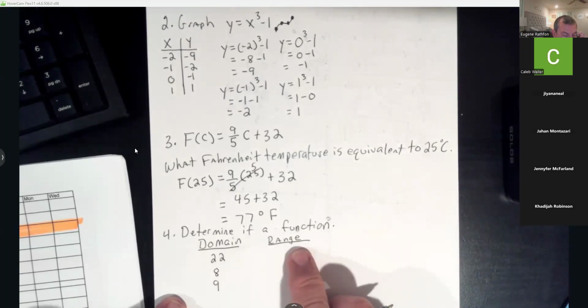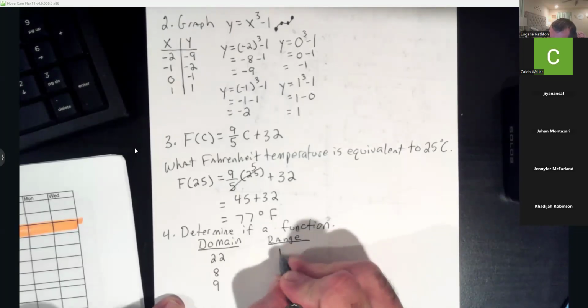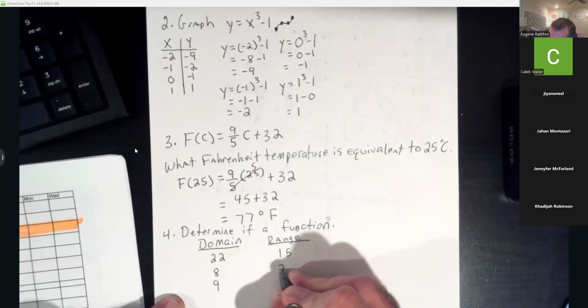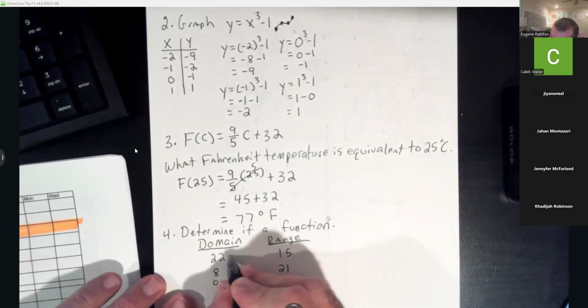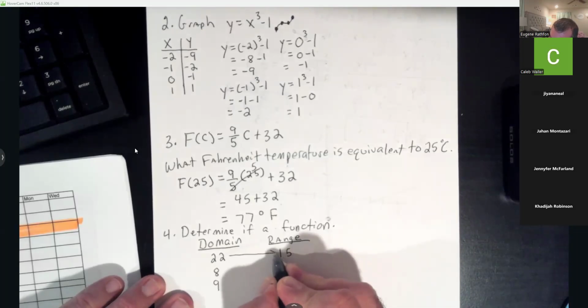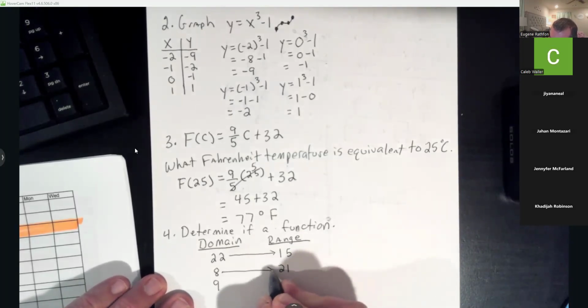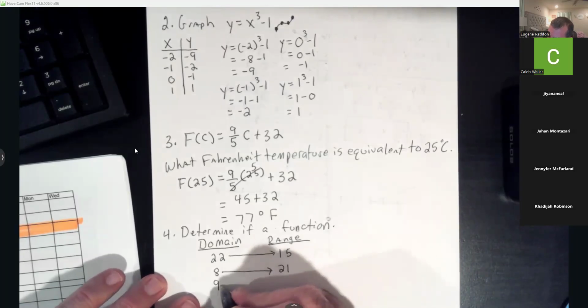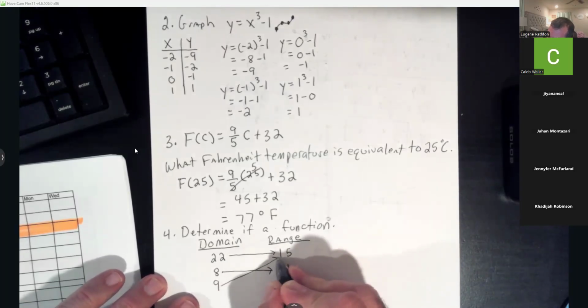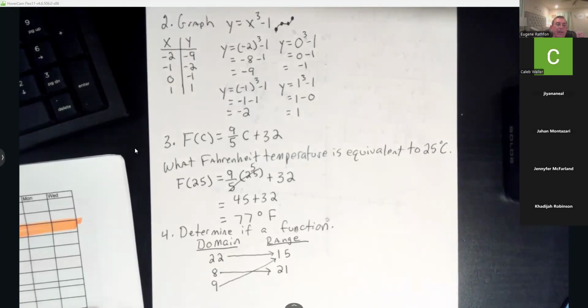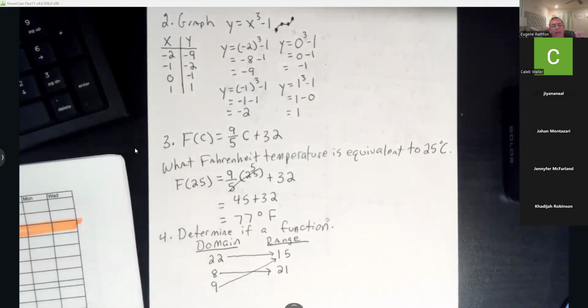For my range, y'all, they're giving me 15 and 21. So the 22 points to the 15, the 8 points to the 21, and the 9 points to the 15. So I'm going to let y'all answer that and tell me if this little correspondence here is a function or not?